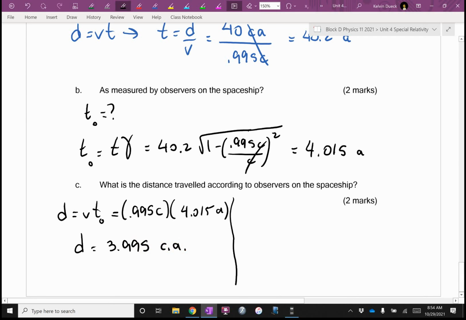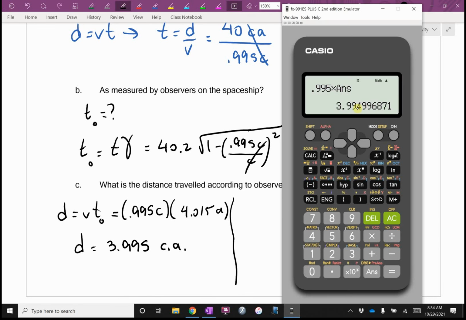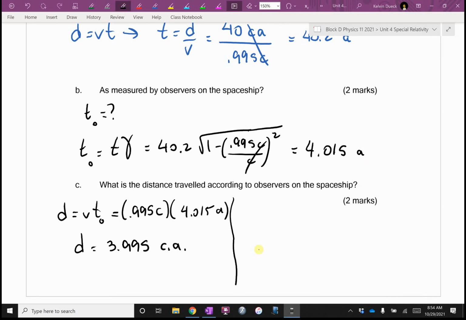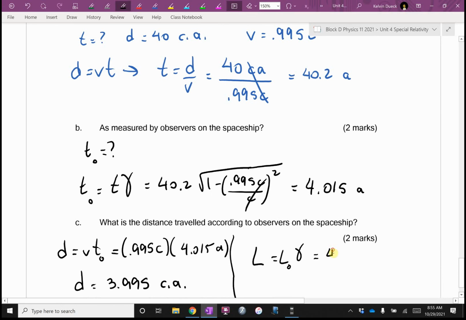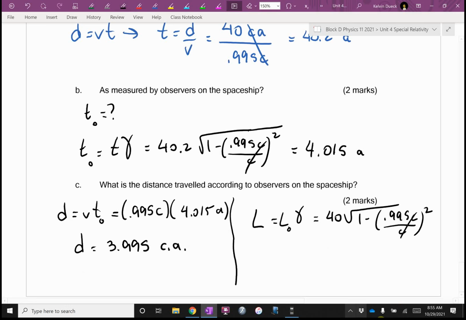If you rounded that to 4.0, I won't freak out, or 3.99, I'm fine with that. Is it 3.99? Yeah, because it's a 4, so you could have rounded and kept that a 9. The other way you could have done this is you could have said, actually, they're finding the universe is being shrunk in front of them, space-time, where L0 times the square root function, where their L0 is the original length that we measured, which was 40 light years, times the square root of 1 minus (0.995c over c) squared.